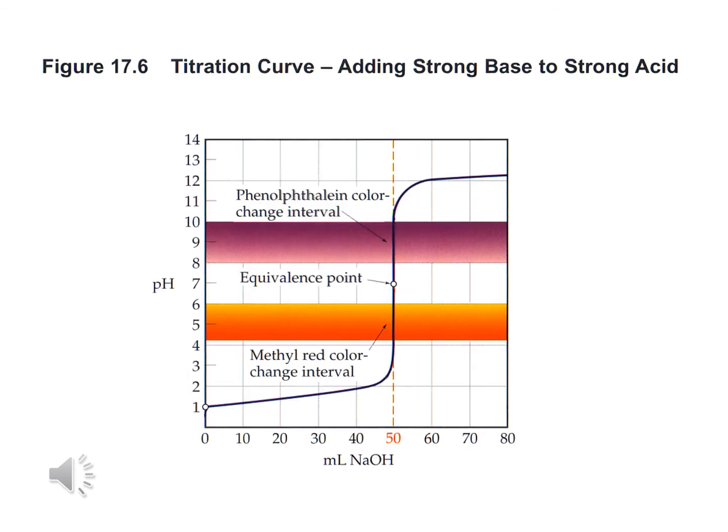This is a graph of the pH changes when you titrate 0.1 molar HCl with sodium hydroxide. 0.1 molar HCl has a pH of 1, and you can calculate as you add small amounts of NaOH what the new pH is. We've done problems similar to that already.